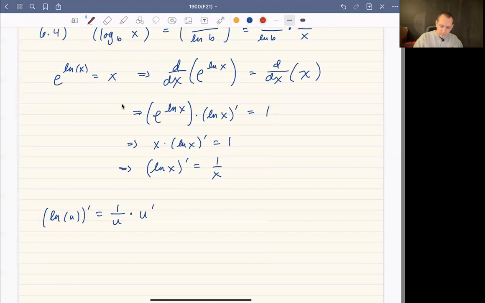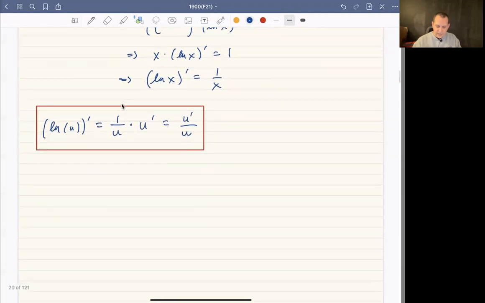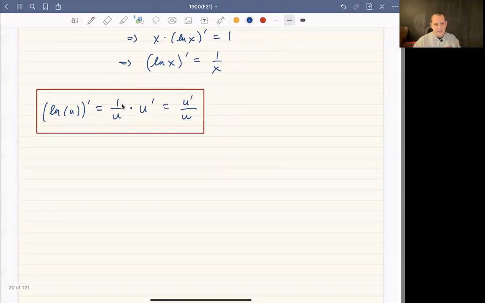Let me say that this can be written as u prime over u, so the derivative of the inside over the inside, if you prefer to do it that way. But this is really the main result from the entire section. Okay, and so that's the idea there. That's how you differentiate natural logs. This answers a lot of questions for us already.